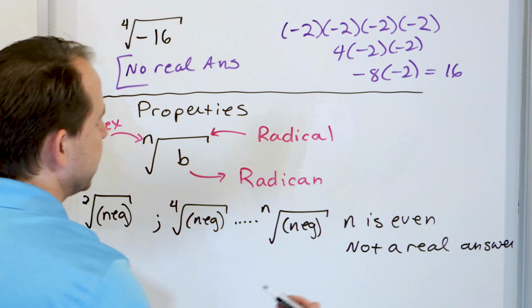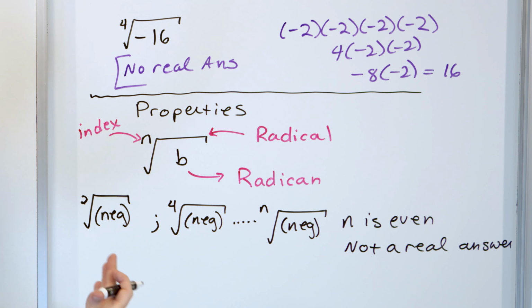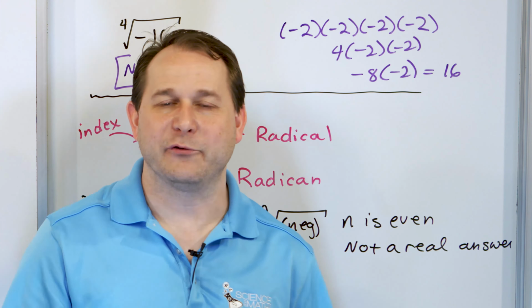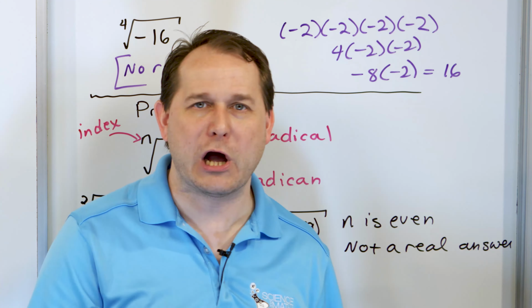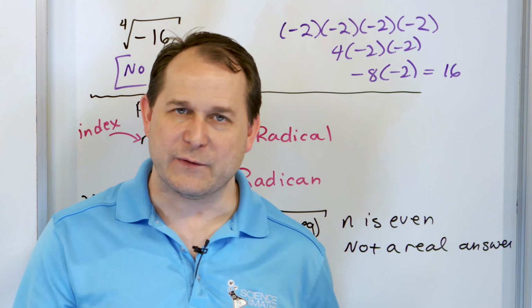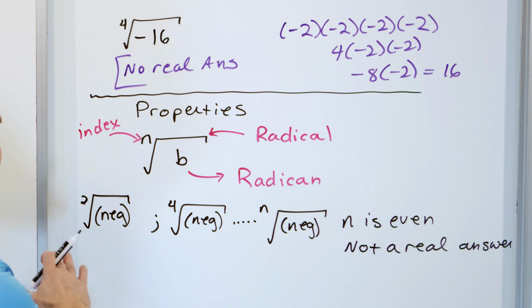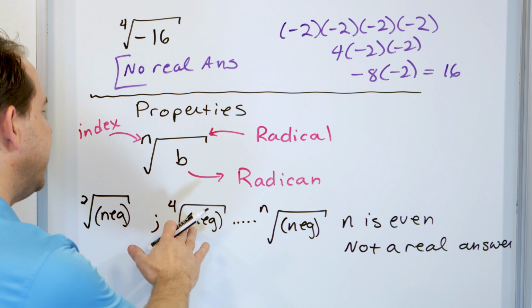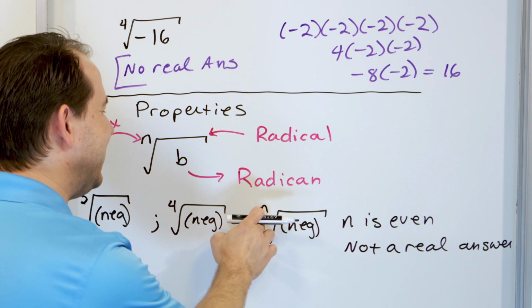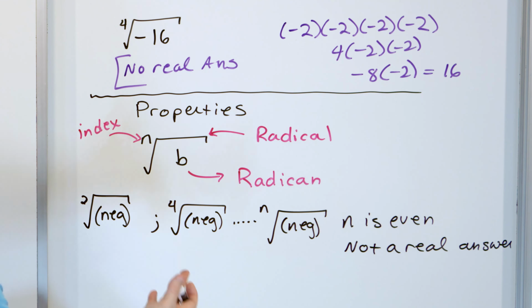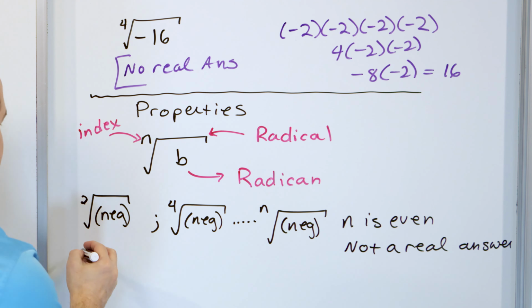In other words, you're going to have to deal with imaginary numbers. I keep saying complex because later on, after we introduce imaginary numbers, we'll talk about complex numbers, which are related. But for now, just think of imaginary numbers. Anytime n is even, it doesn't work. You don't get a real answer. And I've tried to show you with examples why you never will.